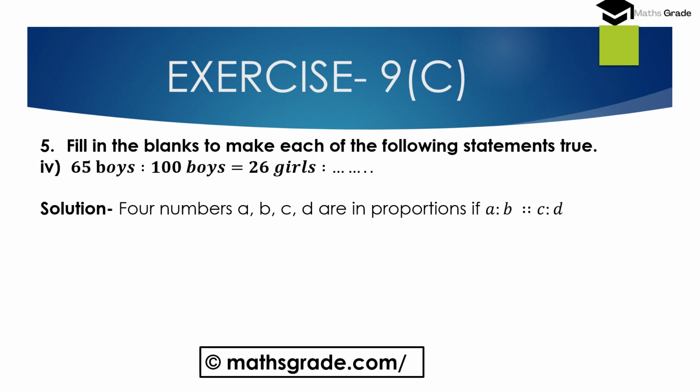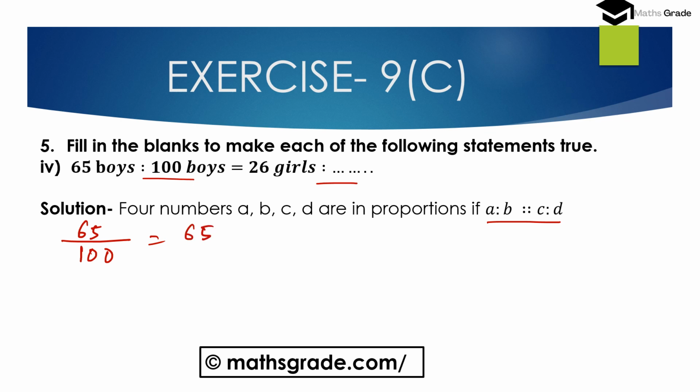Now question number 4th bit. 65 boys is to 100 boys is equal to 26 girls is to dash. We have to find this missing term. If four numbers A, B, C, D are in proportion, then we can write A is to B is proportional to C is to D. Here 65 boys divided by 100 boys. Now between 65 and 100, 5 is the common ratio.